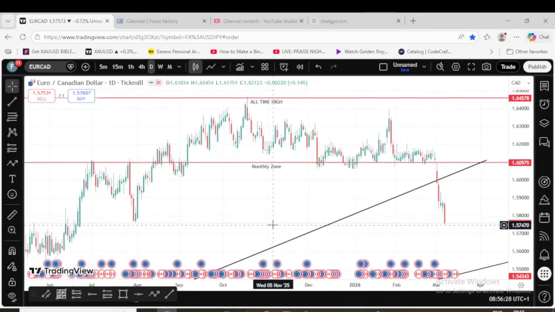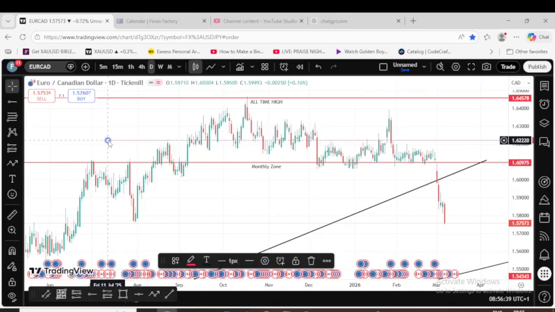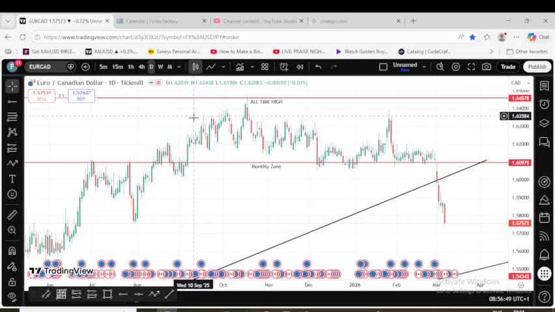So now we've gone down to the daily time frame. We'll do the same thing one more time. We'll identify our zones and we'll identify our potential trend lines. So I believe we have a zone here. No, that zone has been violated. So I believe we have a zone here.